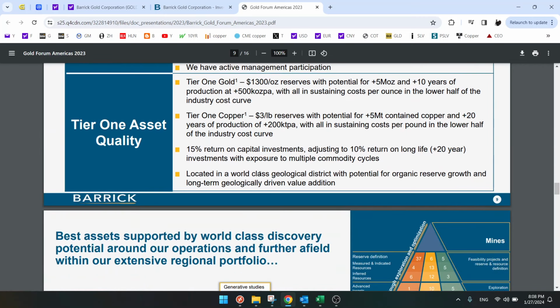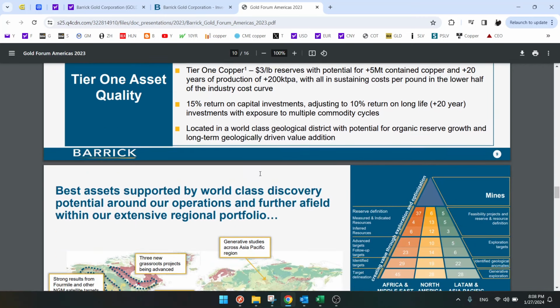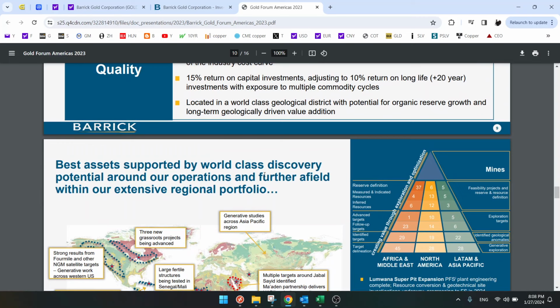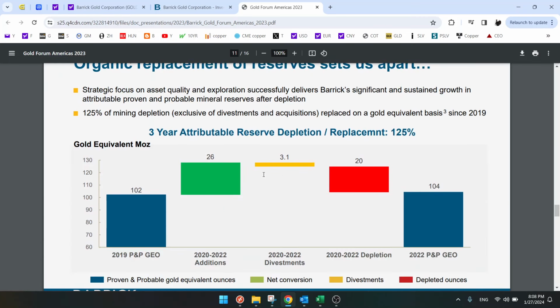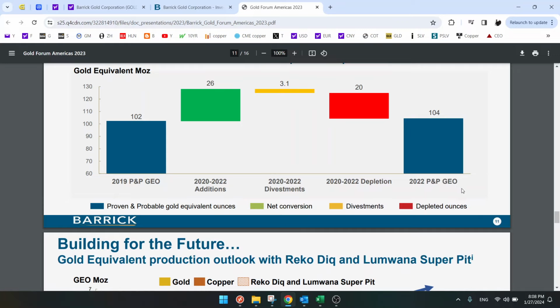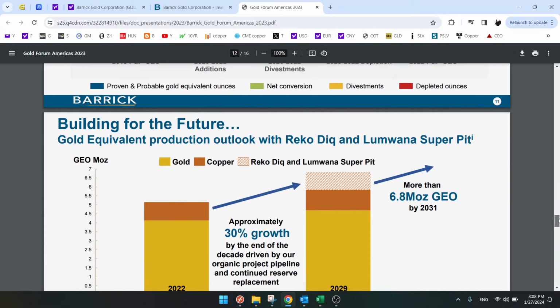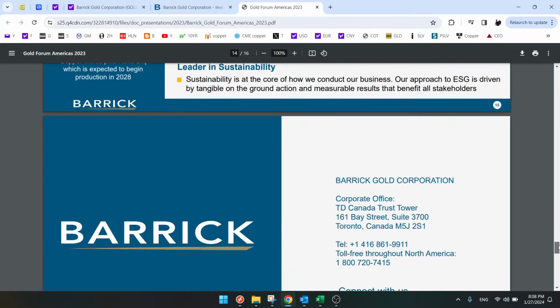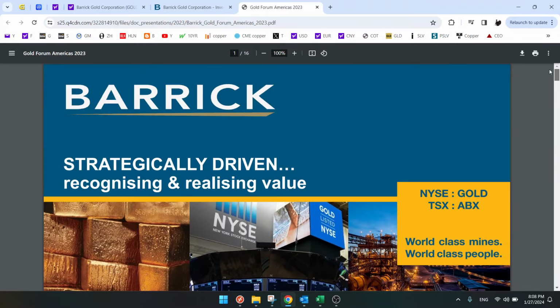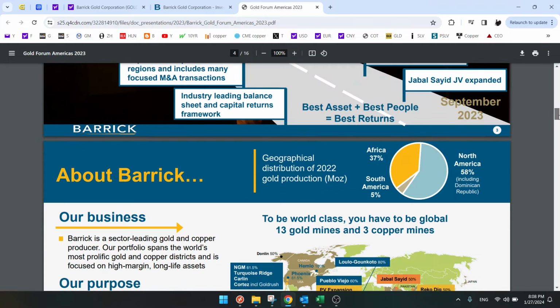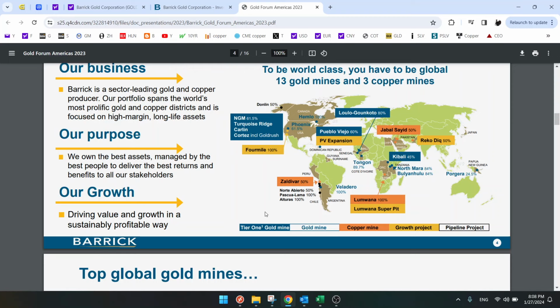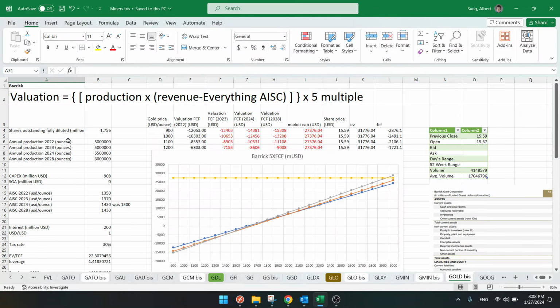I also know what the all-in sustaining cost is. It's about 10% higher next year, and we know what the all-in sustaining cost is this year. So that's easy. The NPV model is already done. I don't even need to look at all of these mines. So homework is done.